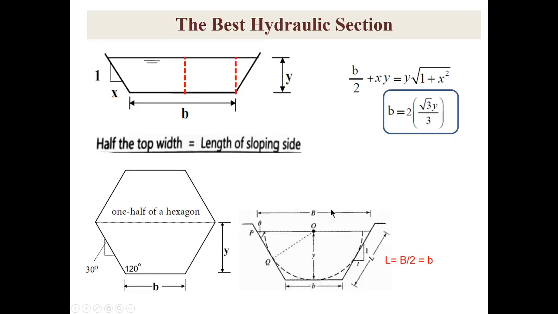Here I would like to close this lecture, but I will give you a homework in the LMS system, and I will ask you to determine all the geometrical features like cross-sectional area, bottom width, top width, and hydraulic radius of the most efficient trapezoidal channel.